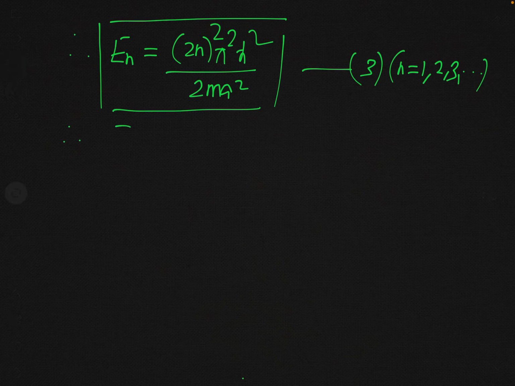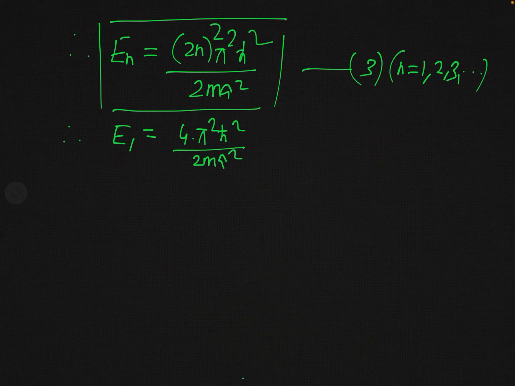So you can see that this E1 will be equal to 4 times pi square h bar square over 2ma square.